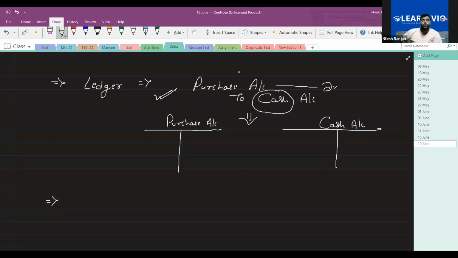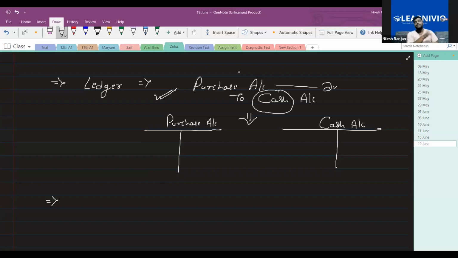For this purpose we have created a rule that in purchase book only credit purchase will be recorded, in sales book only credit sales will be recorded, so that if there is any cash sale or cash purchase, it will go to cash book. Understood? So all the credit purchase will go to purchase book, all the credit sales will go to sales book.